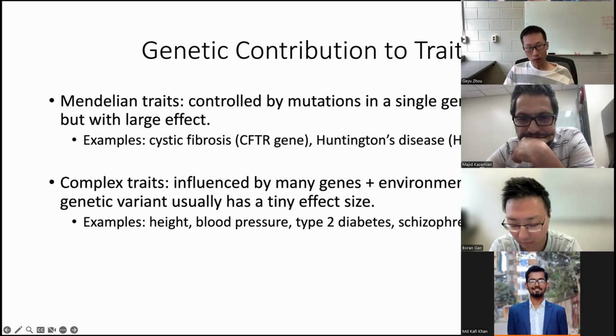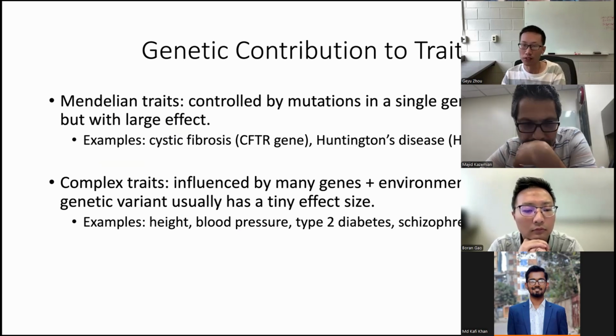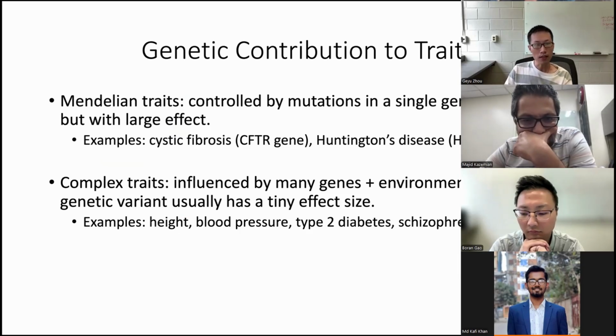When we have an understanding of the genetic variations, one thing we can do is to dissect how those genetic variations contribute to human traits. Human traits can generally be divided into two categories.